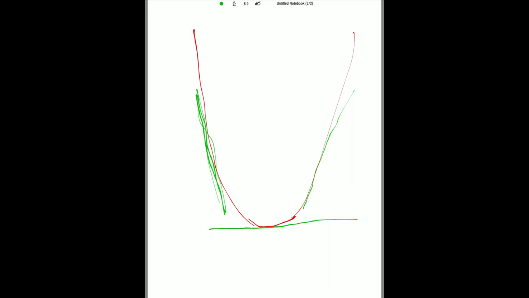Now, what this is implying to us is that this point of tangency here is neither a point of positive gradient nor negative gradient. At that point, the function is neither increasing nor decreasing. We call that point a stationary point.